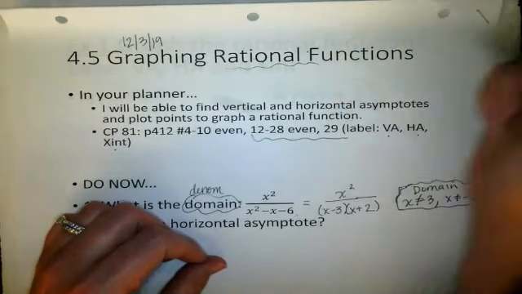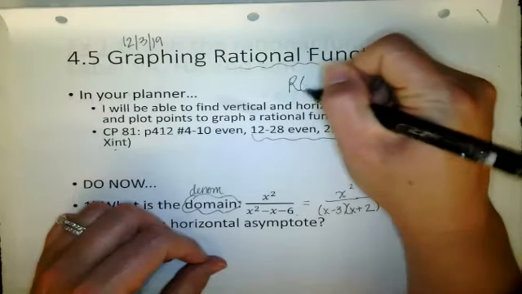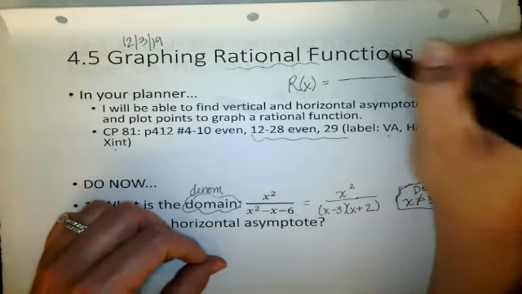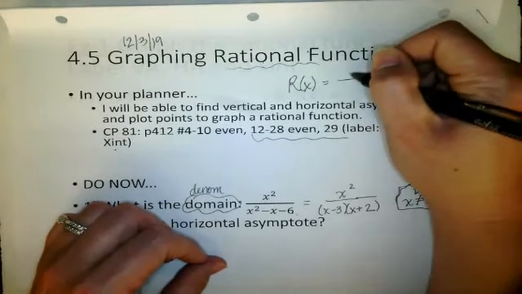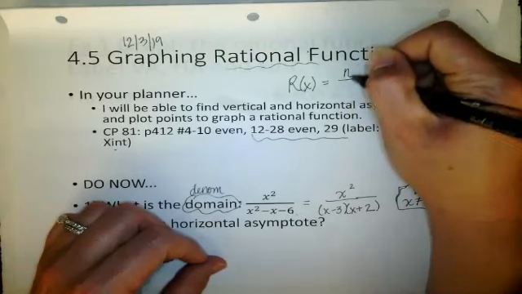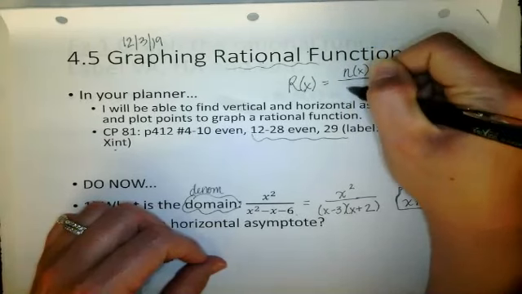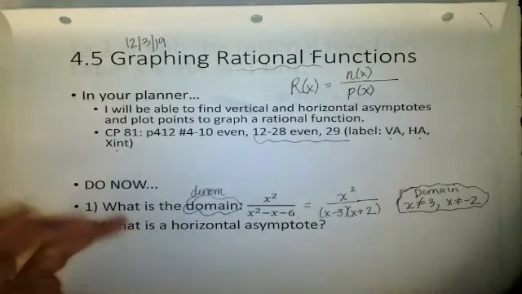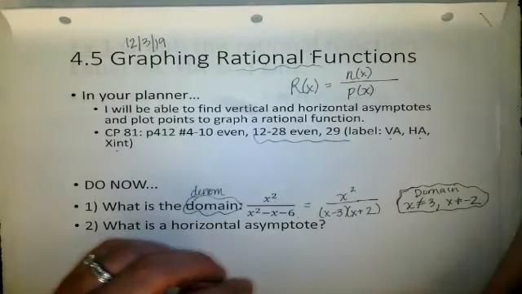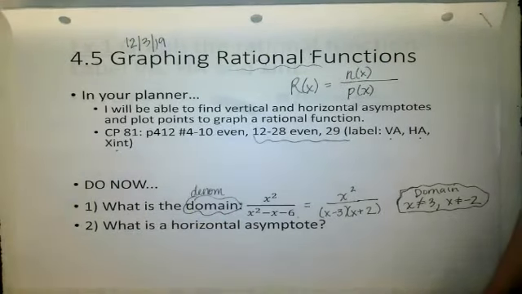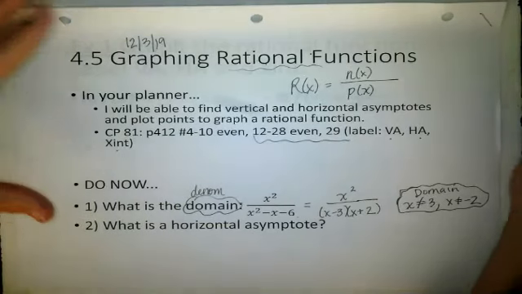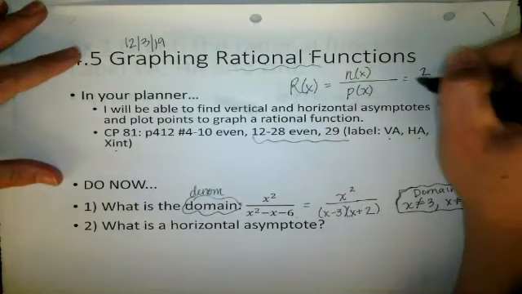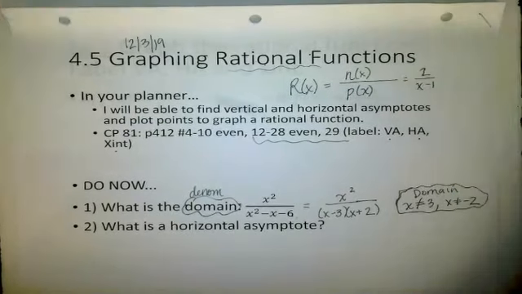A rational function, which I'll say is R for rational in terms of x, is that we have some polynomial on top, I might call it n of x, and some polynomial in the denominator. And so there's examples in your books about all kinds of things that might represent a rational function, like 2 over x minus 1. This is a rational function.